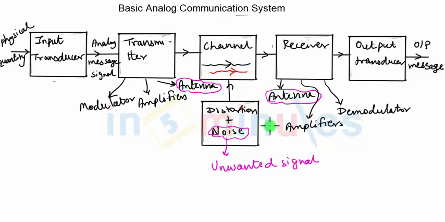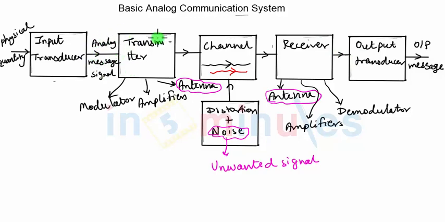So we are showing another block which simply represents how the distortion and the noise get added to my original signal. So on the receiver side, when I receive the signal, please note that it is not exactly the same signal that was transmitted. It is distorted. It has been added with the noise, which is nothing but the unwanted part in the signal. The maximum efforts should be made on the receiver side to remove the distortion and also the noise from the signal, so that after the process of demodulation, the signal that we get resembles the original information signal.